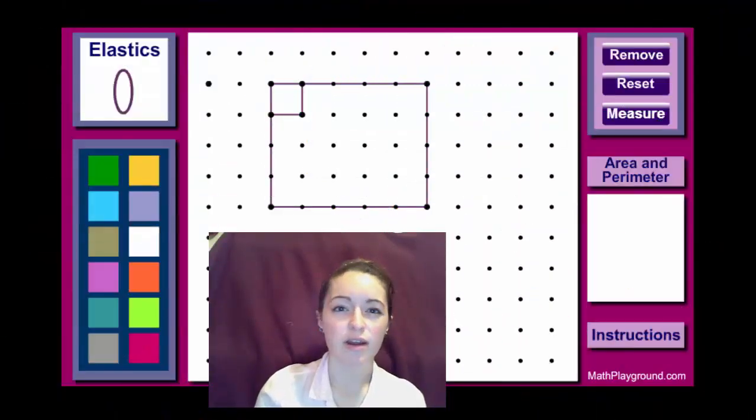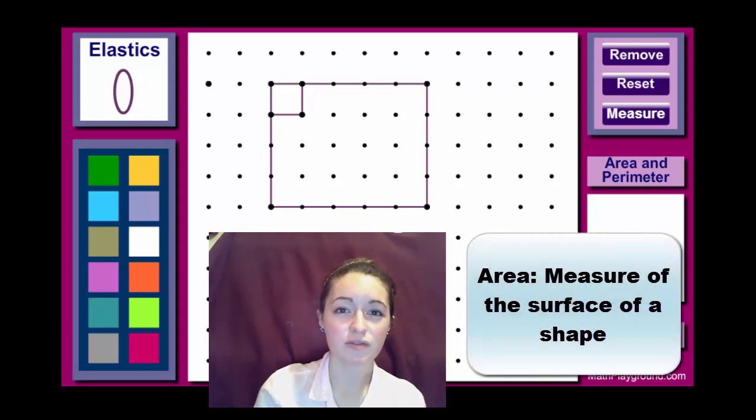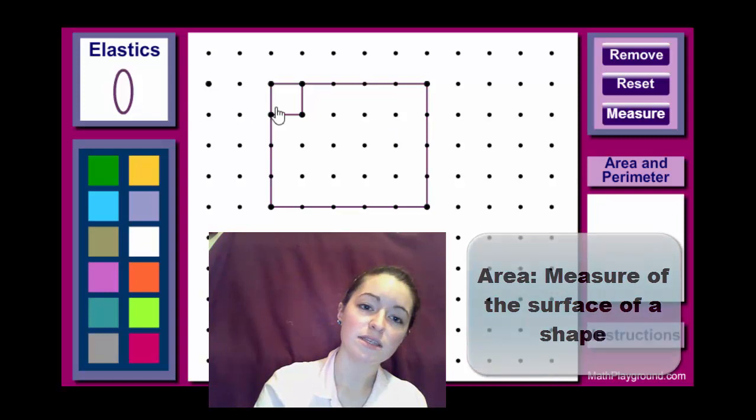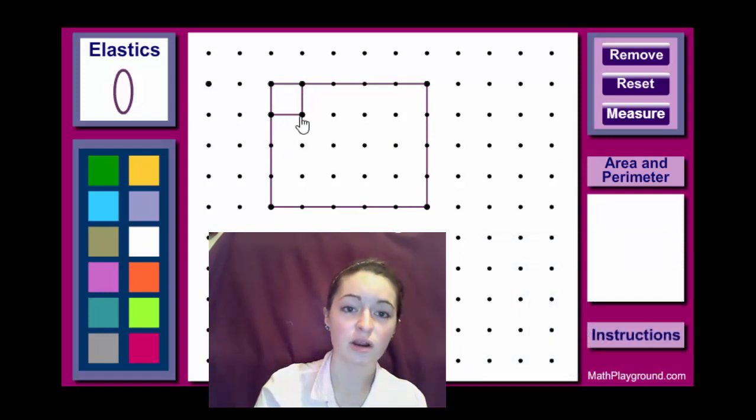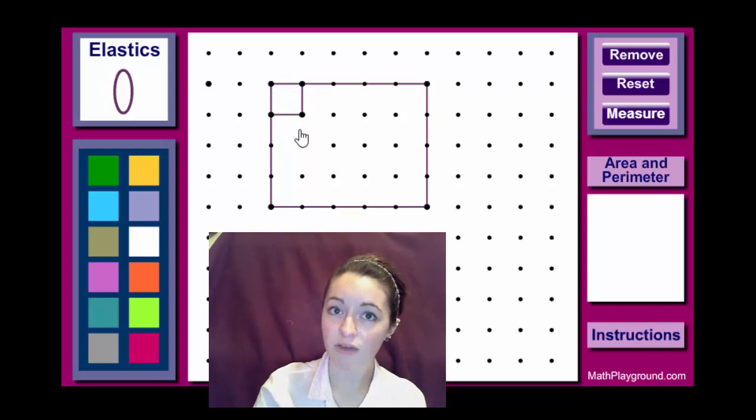So before we move on, we need to talk about what area is. Area is the measure of the surface of a shape. So that'd be just like taking one of these elastics and moving them around one square on the pegboard. So this would be 1 square unit of area.